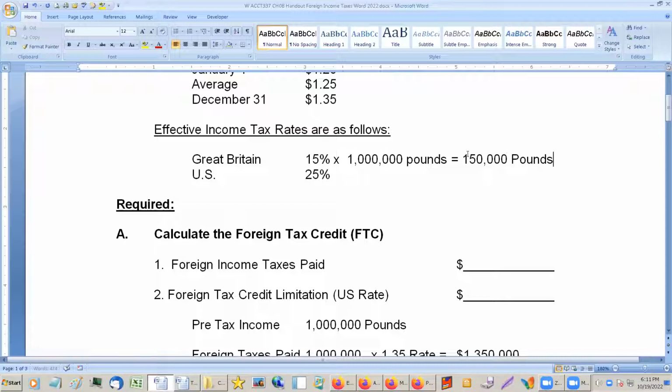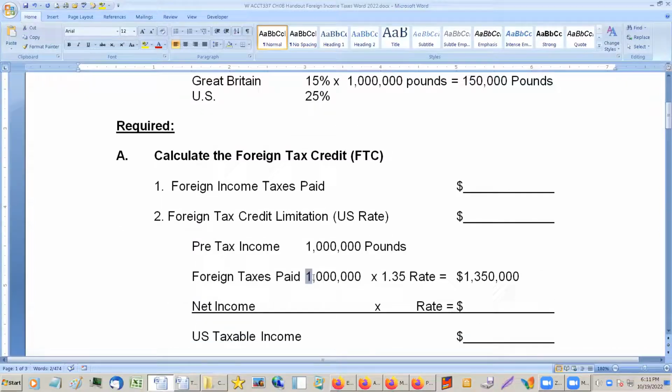So that's the tax rate. That's how much taxes they paid. 150,000 pounds times the rate gives us some different number.